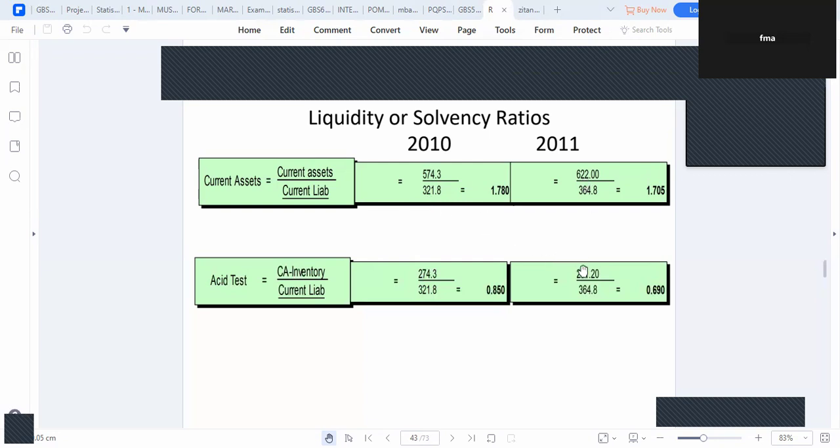For the 600, we remove the inventory over that. Remember the benchmark for the current ratio is 2 to 1, and for the acid test it is 1 to 1.